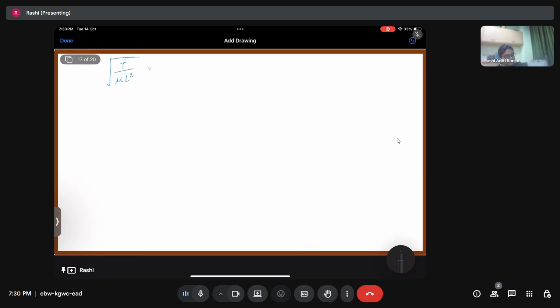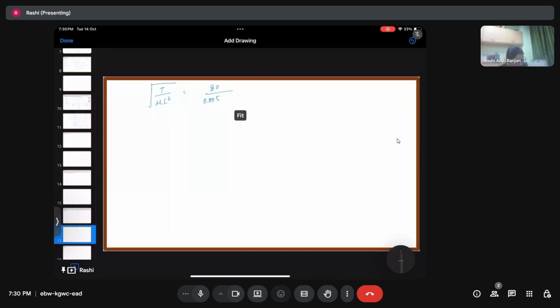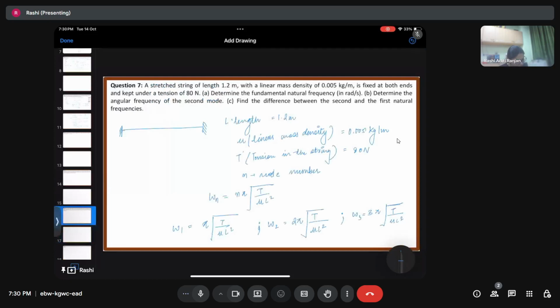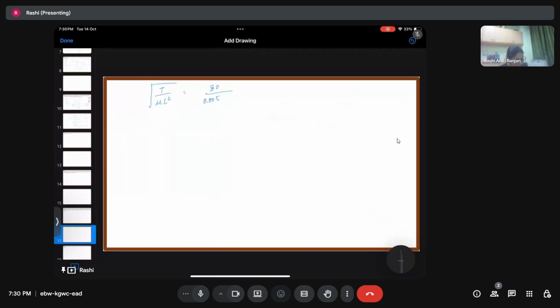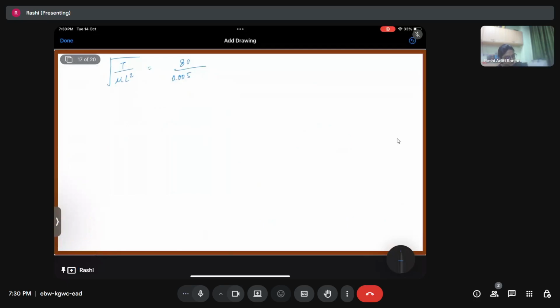The tension is 80 divided by mu 0.005, and then L is how much? 1.2. Under root.